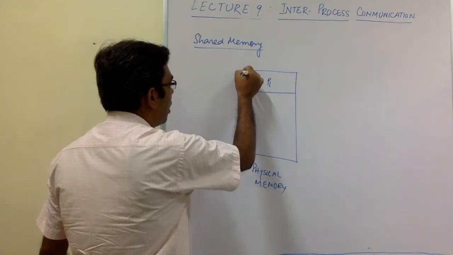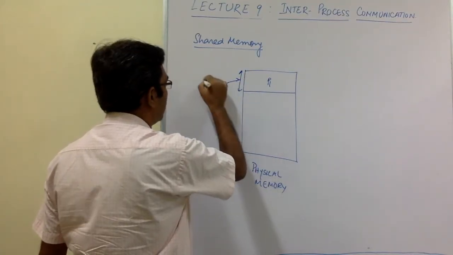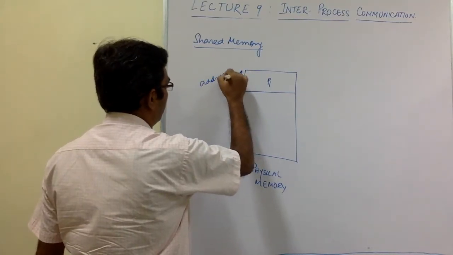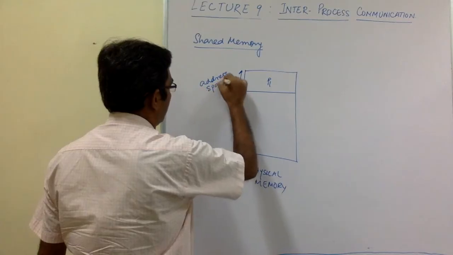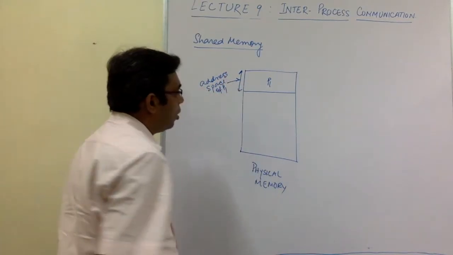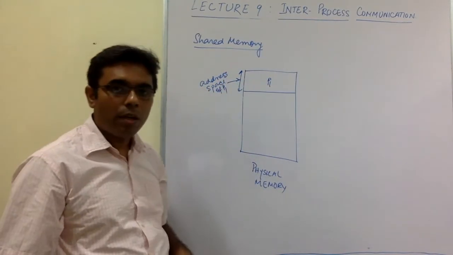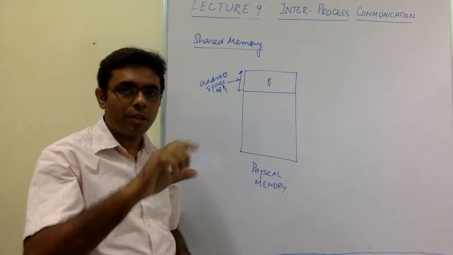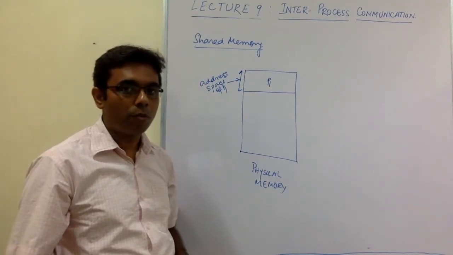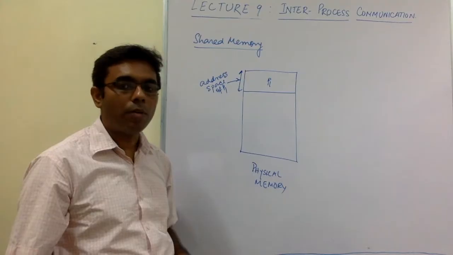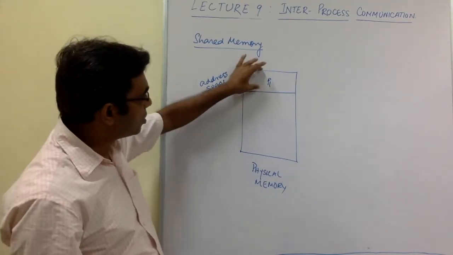So this is the address space of P1. Though I have written the address space of P1 to be a contiguous range of addresses, it may not be so. We will see that later on while talking about memory management. But this may be distributed.